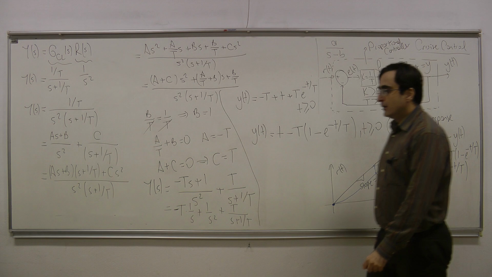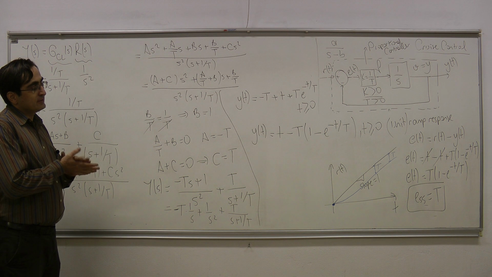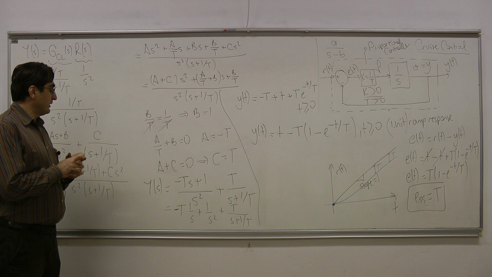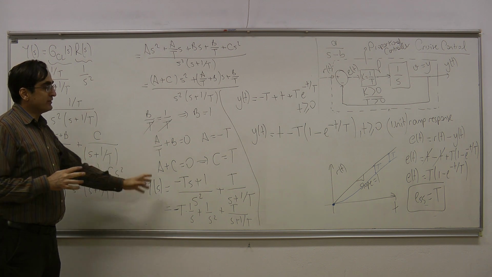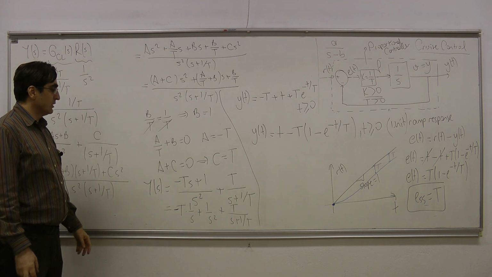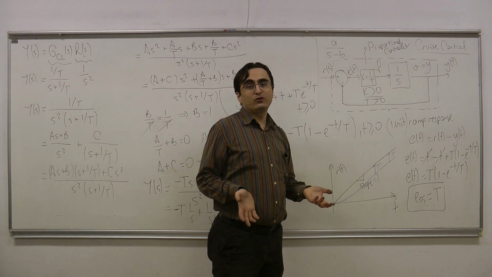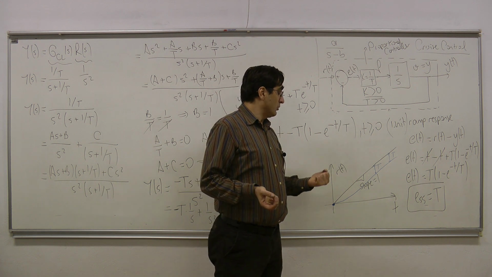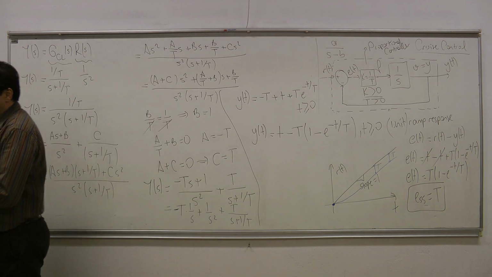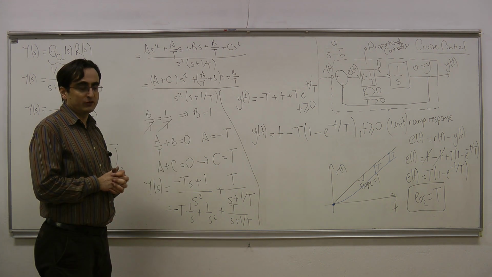Okay? So this actually completes the first order systems, and I haven't told you one important thing here. So here I have seen that whatever type of input that I gave this system, unit step input, unit ramp input, I have seen only some type of convergence without any oscillation. Okay? So whatever I did here, the responses that I have observed only contained decaying exponentials.